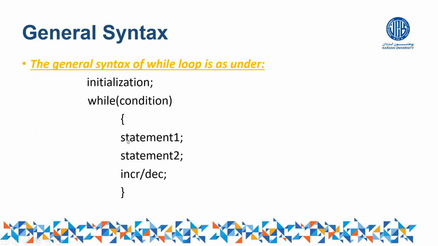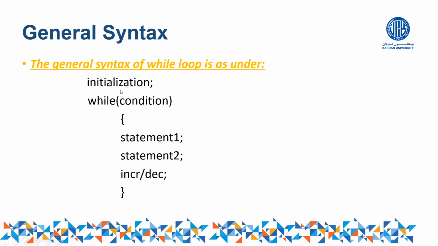Inside the body of the while loop, whatever our logic is, we have to write that. You can see here that there are a few statements, statement 1, statement 2, and then increment and decrement. This is how you write the body of the while loop.